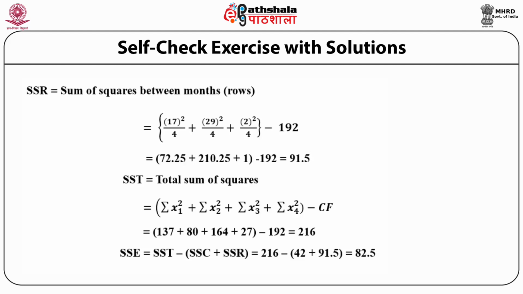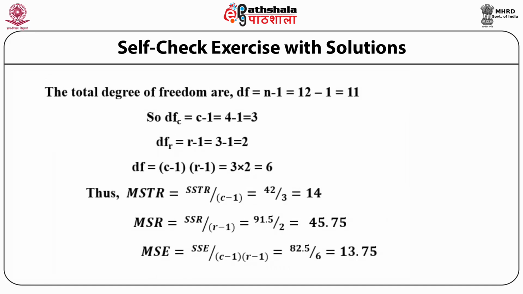Now putting the formula for SSE, that is SST minus SSC plus SSR, it shows 216 minus 42 plus 91.5, and the value of SSE comes to 82.5. The total degrees of freedom is n minus 1, that is 12 minus 1, that is 11.